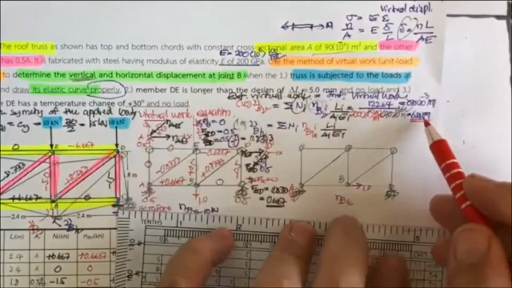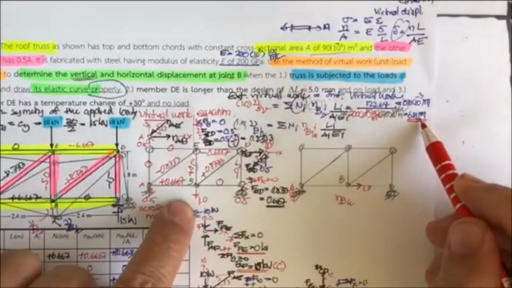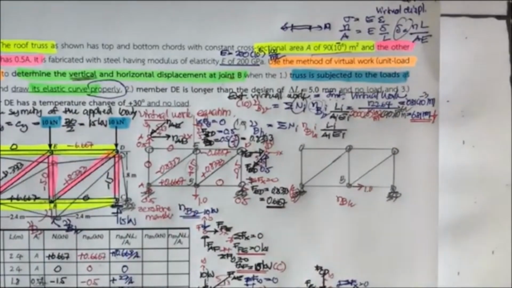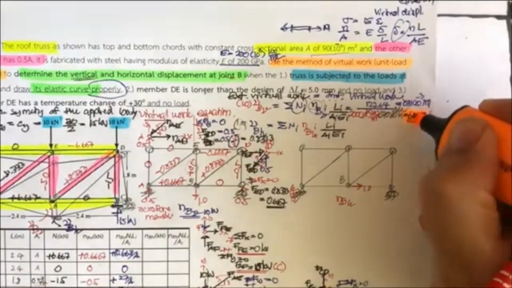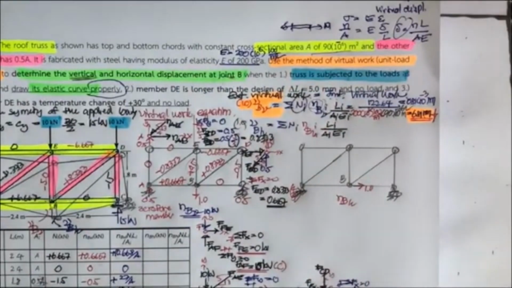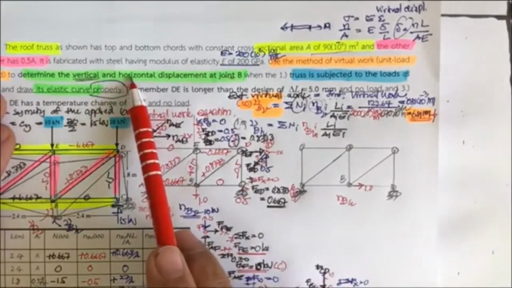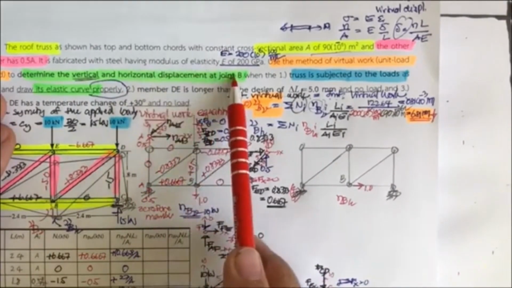When the value is positive, it follows the 1 unit force direction, so it's down. So that is the first one we have for the deflection of B in vertical direction. And next, we're going to determine the horizontal displacement at joint B.